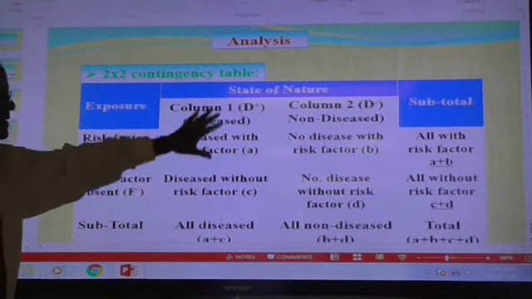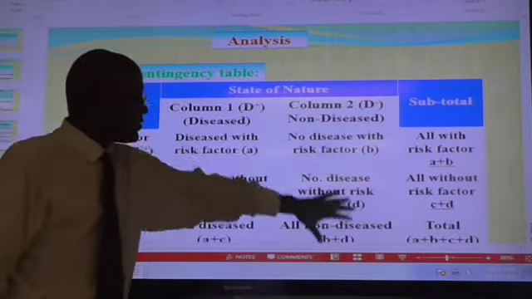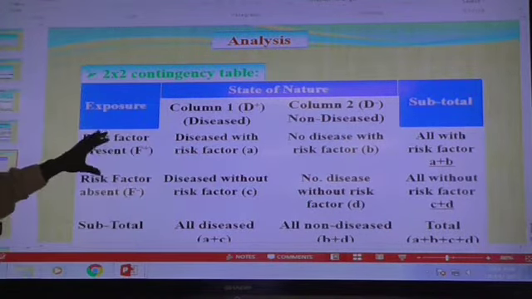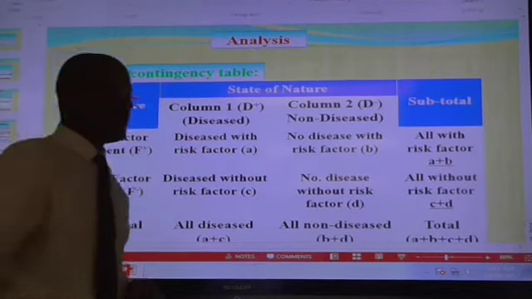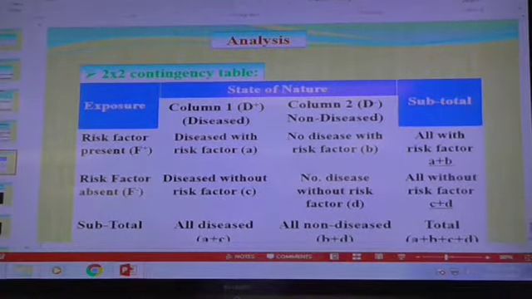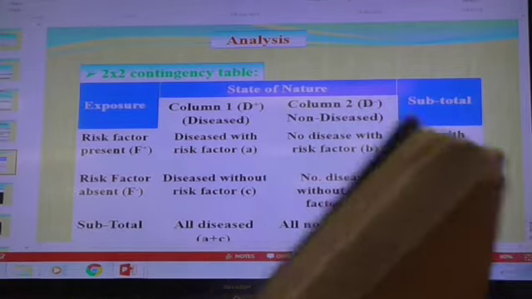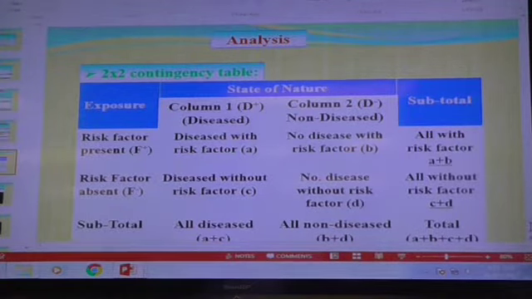You have disease present or absent on the column, and then factor present or absent on the row, or on the x-axis. So now the key here is the analysis finally comes to this 2x2 table.